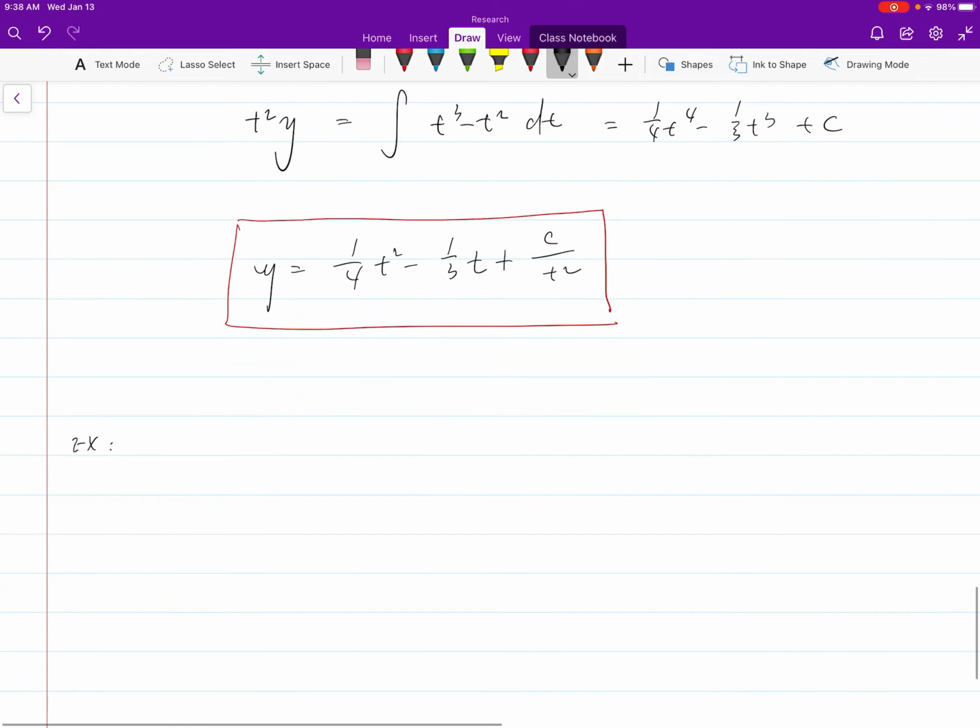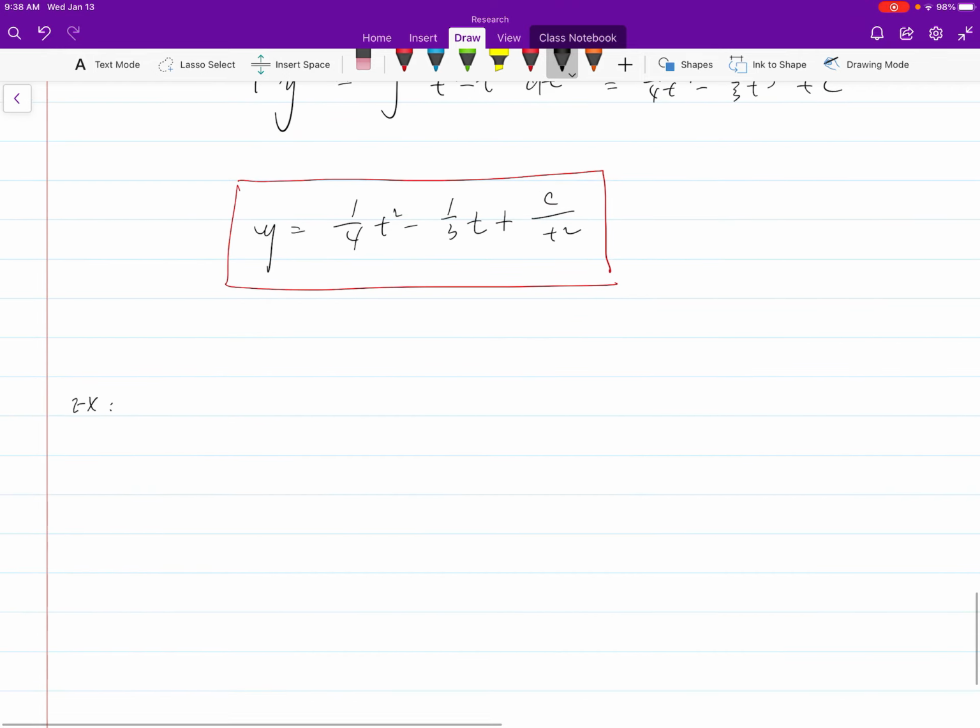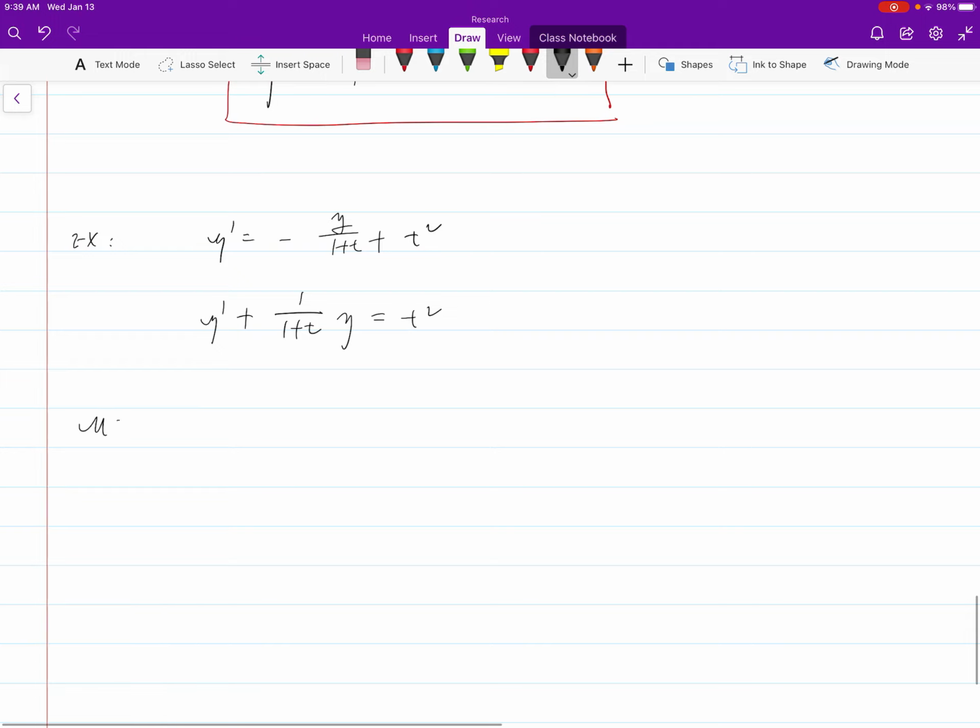Let's try another example. We have y prime equals negative y over 1 plus t plus t squared. So again, step 1, change everything into the standard form to move the y term on here. To see more clearly, you can actually separate the t part and the y. Okay. Now integrating factor.